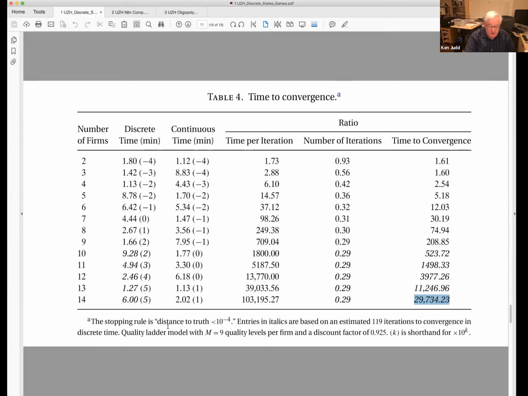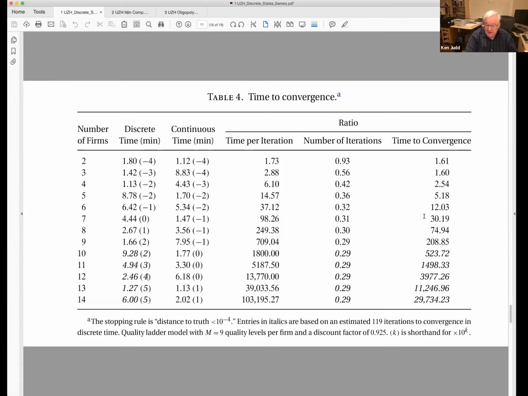Now, by the way, I think the numbers in italics represent some extrapolation, because we weren't going to wait around. We did all the continuous time stuff, and then we sort of extrapolated for this.